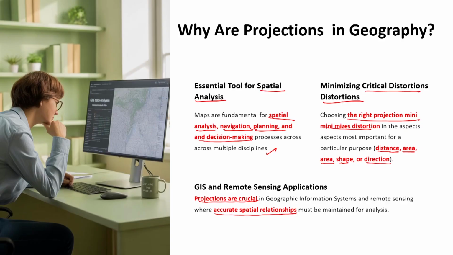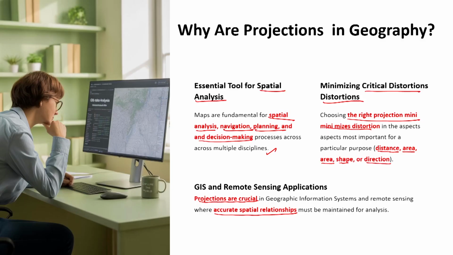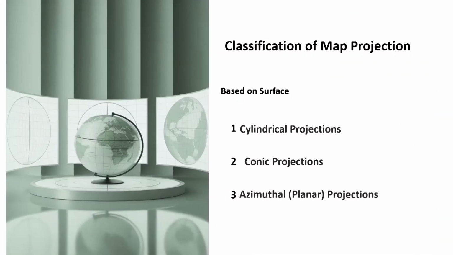If you are looking at a regional basis, you need a separate projection system. If you are looking at a single point or particular location, you have to use a different projection system. So, in geography, projection plays a very crucial role in performing spatial analysis, reducing distortion, and in GIS and remote sensing applications. With this understanding, let us move on to the next slide, classification of map projection.